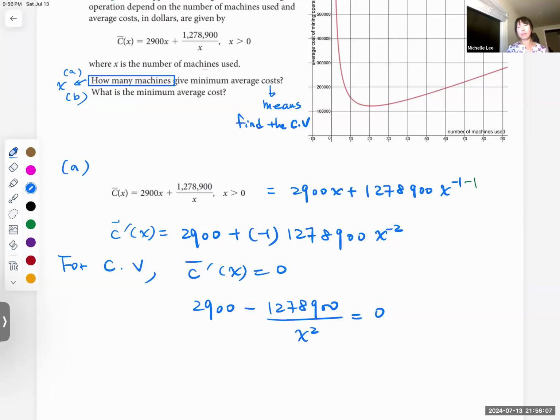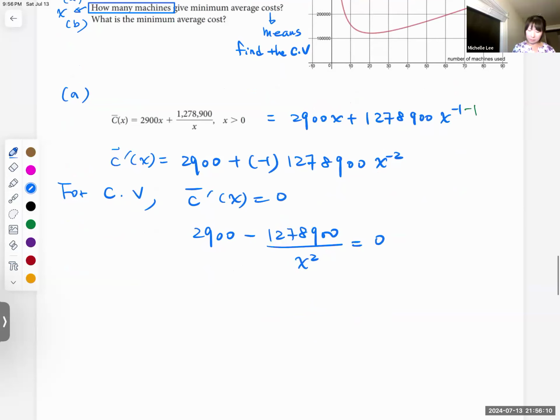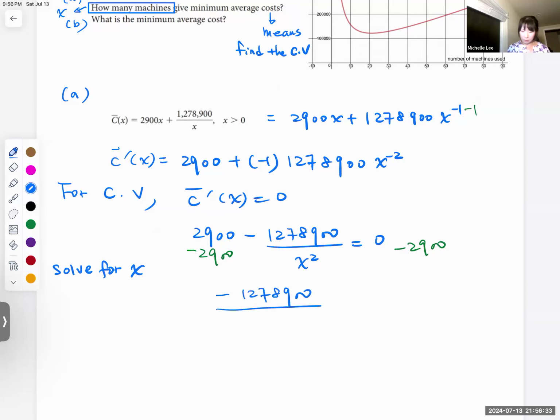Okay, we need to solve for X. First of all, we need to get rid of the neighbor term first. So subtract this one from both sides. So we have negative over X squared equal to negative 2000, right?